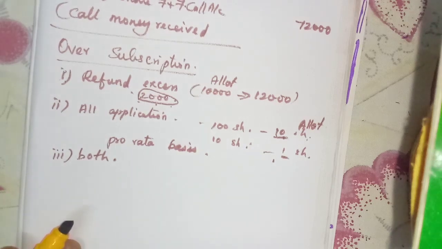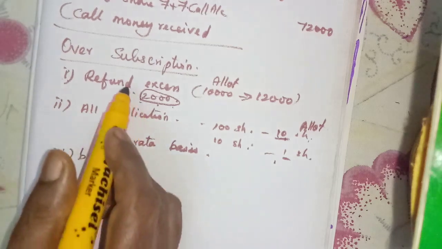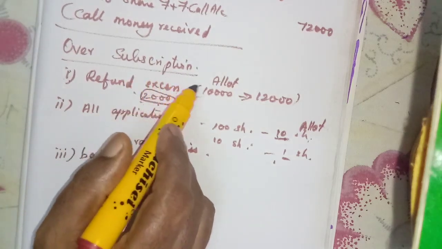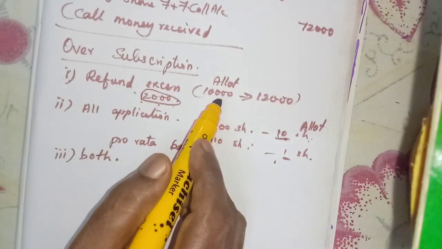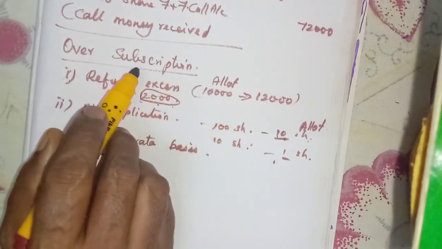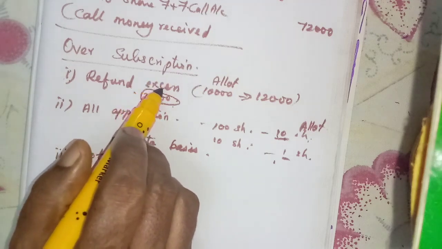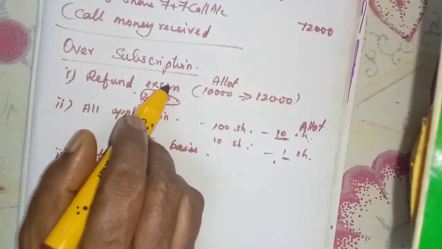Understood? So you know what is over subscription? When the number of shares applied for is more than the shares offered to the public. That is called over subscription of shares. The directors are the persons to do this allotment.